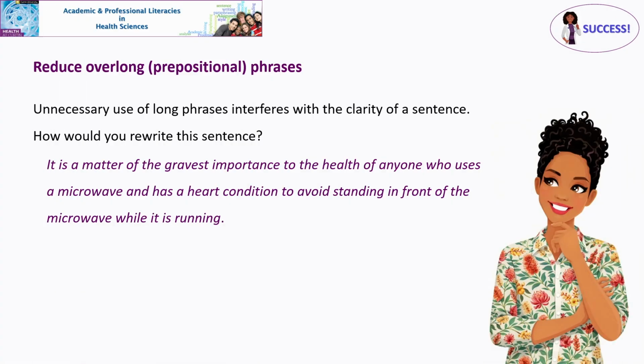So, continuing with this reduction of overlong sentences, let's have a look at this sentence and think about how we could rewrite it. The sentence: it is a matter of the gravest importance to the health of anyone who uses a microwave and has a heart condition to avoid standing in front of the microwave while it is running. Okay, we understand what it's saying, but it's using an awful lot of words to say something that could be far more succinct. Have a think about it.